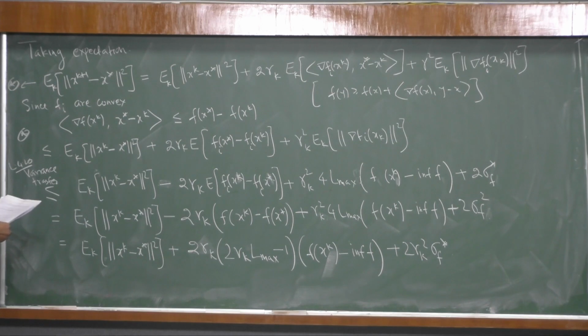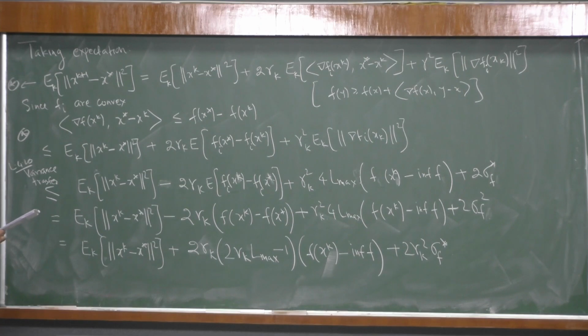Okay, we are midway now. We have this now, rearranging and taking expectation. We will take one more expectation here, that's fine. And then f(xk) is brought onto the left.